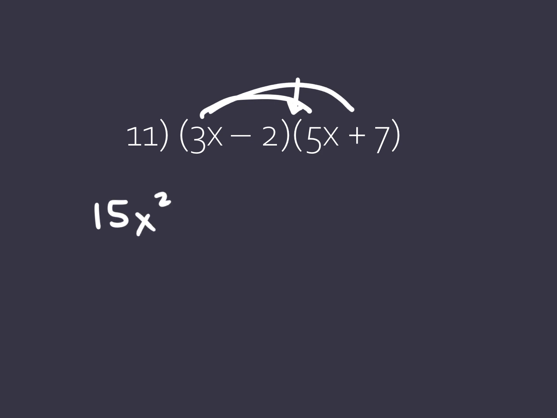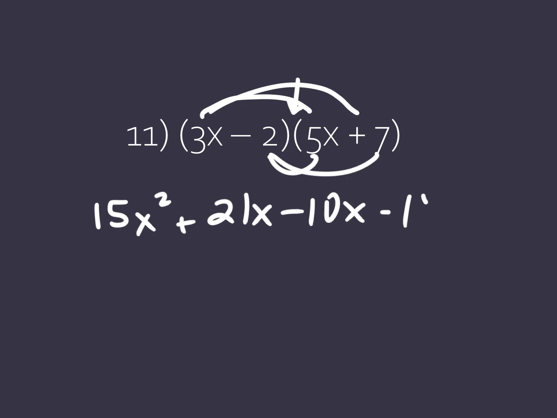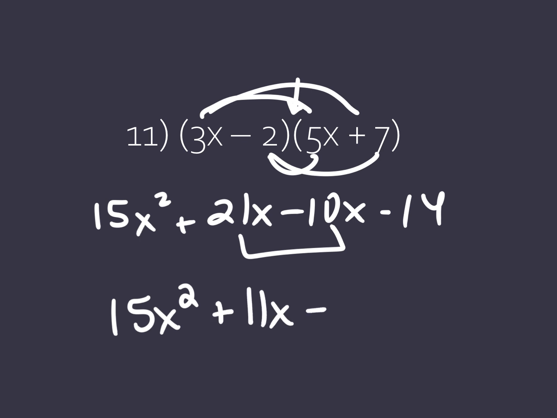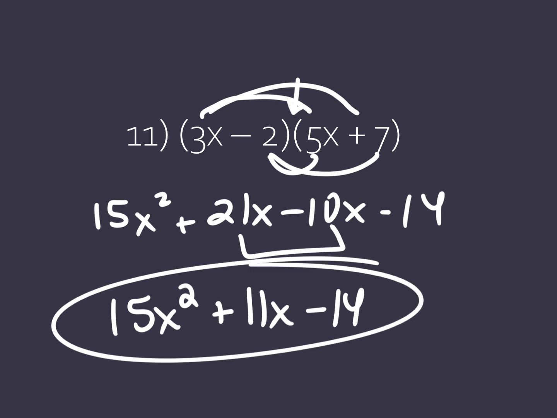Perfect. 3x times 7. 21x. Good. Negative 2 times 5x. Minus 10x. Perfect. Negative 2 and 7. Negative 14. And what can we do in the middle? Combine like terms. So I have 15x squared plus 11x minus 14. Perfect.